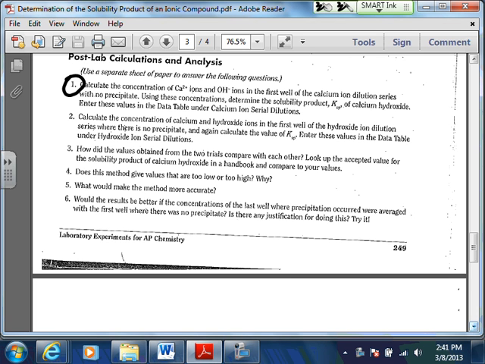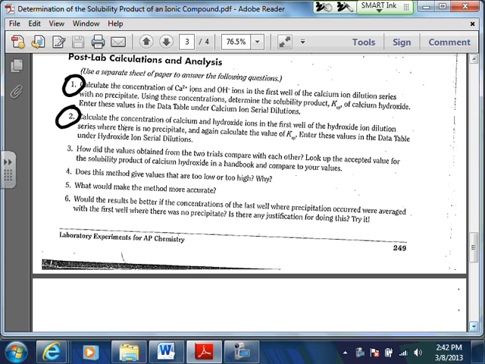Okay, and then you're going to do it again for number 2, and that's going to give you your second Ksp. And then they just want you to compare those two. So once you get those two numbers, you just compare them. And then it says look up the accepted values for the solubility product of calcium hydroxide in the handbook. That should be fairly easy to find online, the Ksp for calcium hydroxide, and then compare that to your values. And then you're going to decide whether this method gives values that are too low or too high.